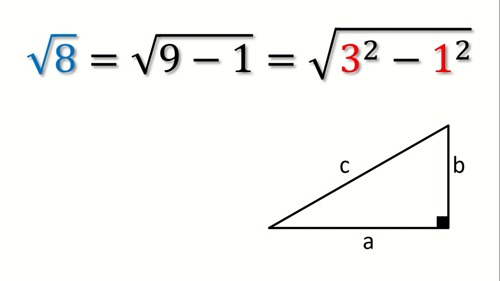So here we have a triangle with a right angle, and C, B and A are respectively equal to 3, 1 and radical 8. So as per the Pythagorean theorem, these lengths make sense. So we can put the triangle right inside our axis line.